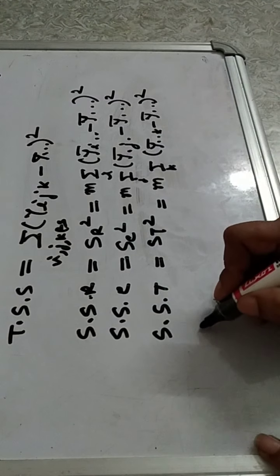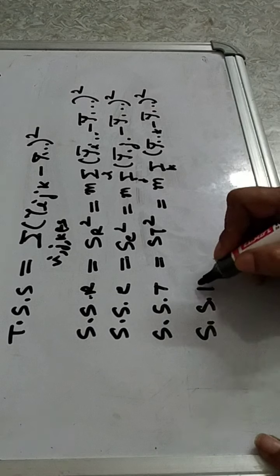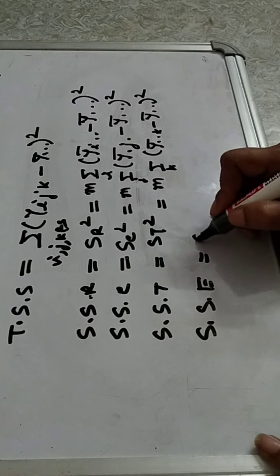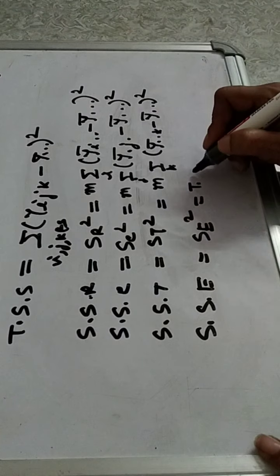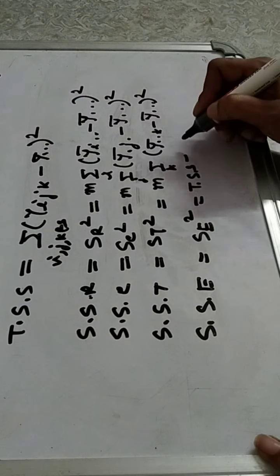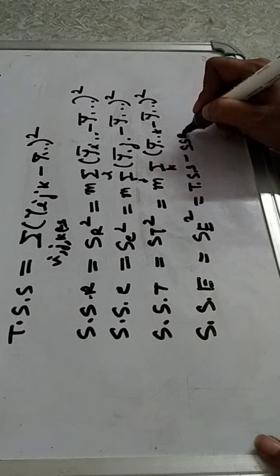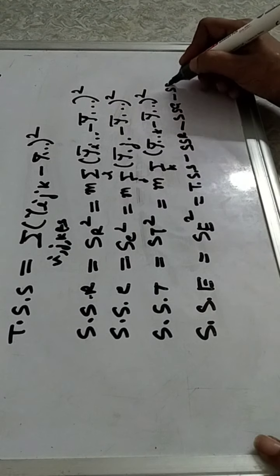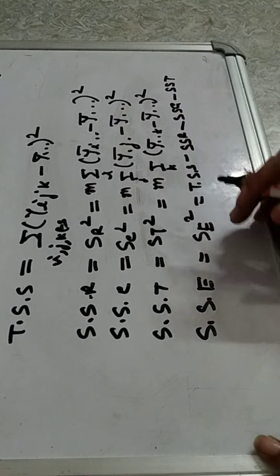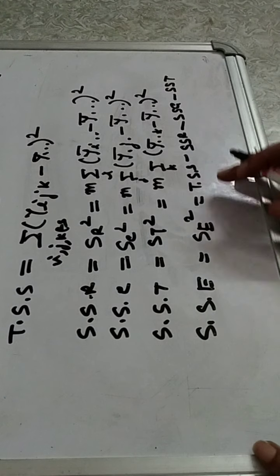And SSE, SE square, is equal to total sum of square minus SSR minus SSC minus SST. This is SSE.